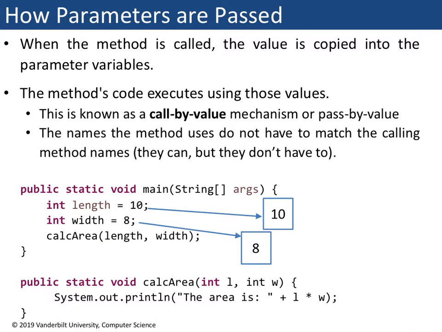It can be a system of operators. So rather than just placing length here, we could have said calc area 2 times length. This would have also been an expression. But instead, we just chose to use length.